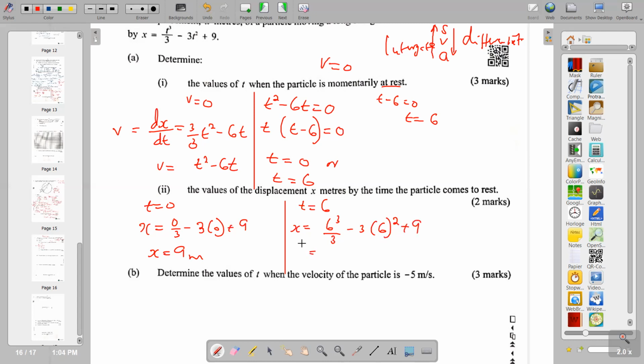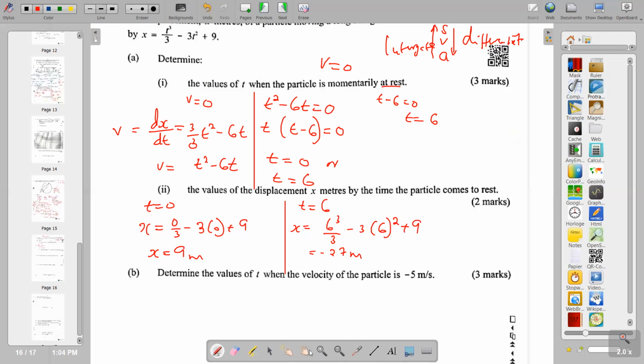Work that out: 216 divided by 3 minus 108 plus 9. We're going to get negative 27. The reason is that they're talking about displacement, and displacement is a vector quantity. So that is negative 27 meters.